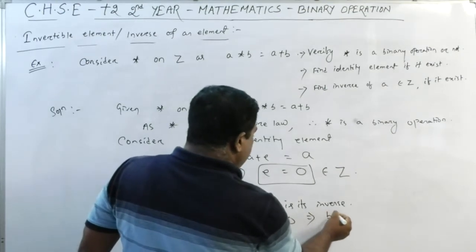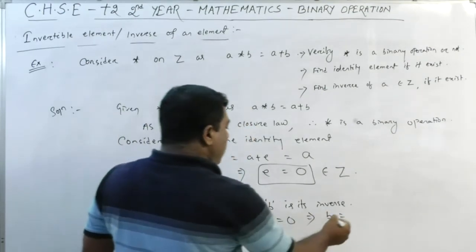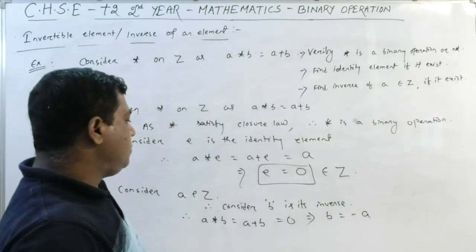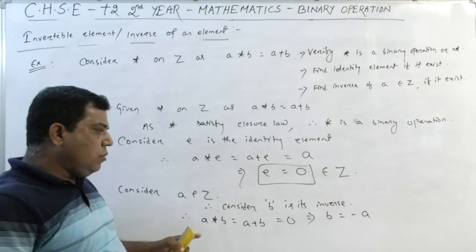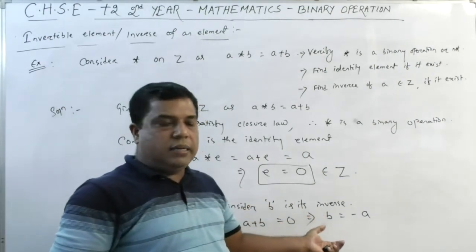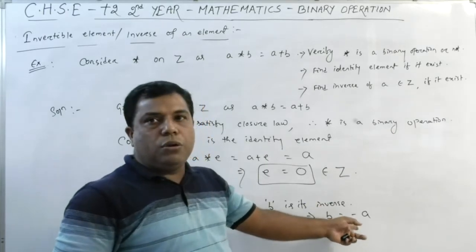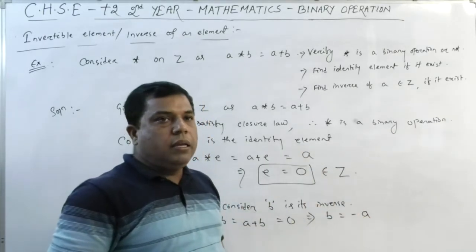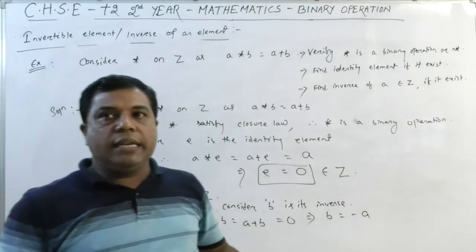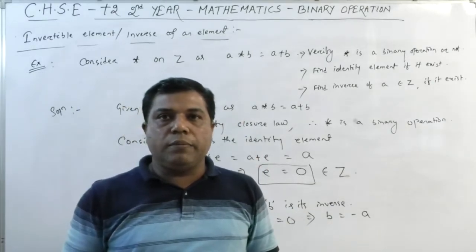From there, what do we get as the value of B? We get the value of B as minus A. So we can see that our inverse element is equal to minus A. So if there is an element A in this process, its inverse can be written as minus A.